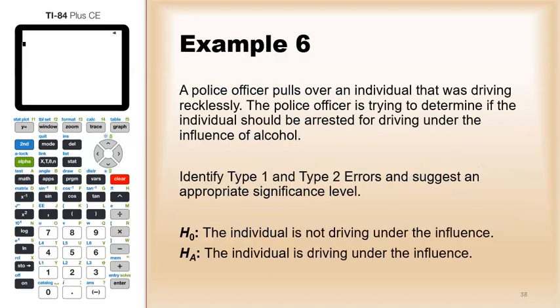A police officer pulls over an individual that was driving recklessly. The police officer is trying to determine whether the individual should be arrested for driving under the influence of alcohol. So in this case, they're trying to prove the individual is driving under the influence. The null hypothesis is that the person is not driving under the influence.